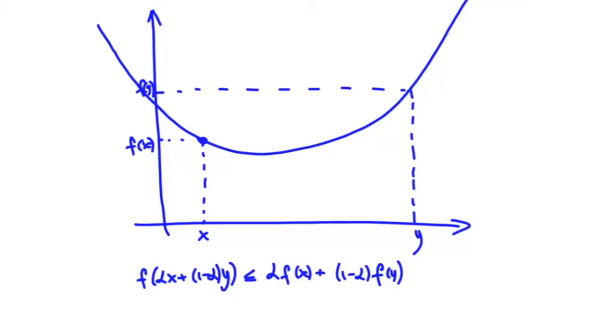Let's see what this means geometrically. So here we have a point x, f of x, here we have a point y, f of y, and now let's consider an arbitrary alpha between 0 and 1, and the point given by alpha x plus 1 minus alpha y. For example, this could be a point somewhere here.